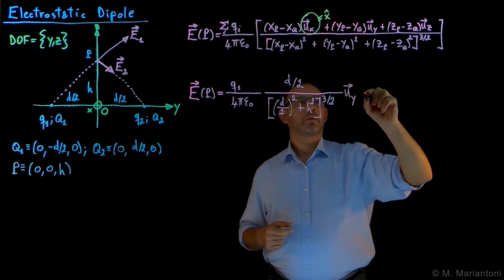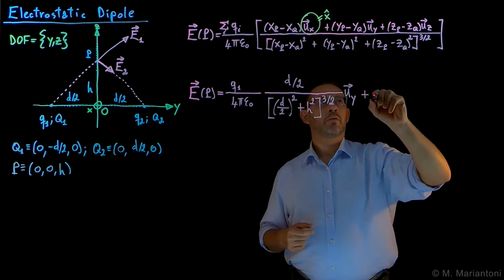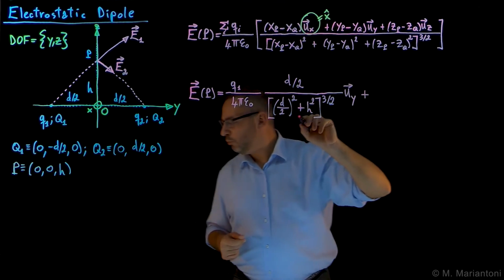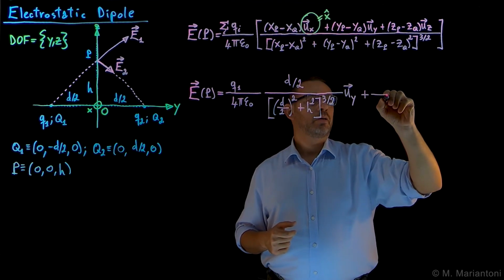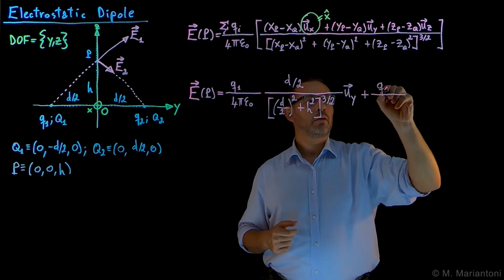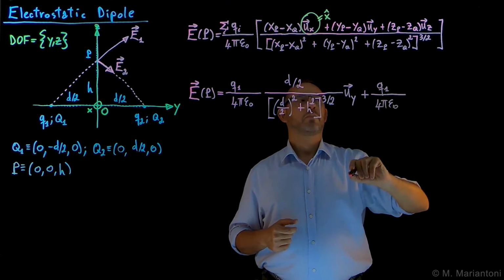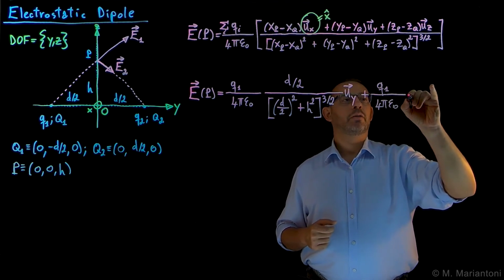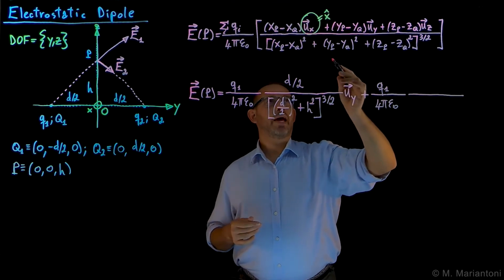In addition, there must also be a contribution from the z direction, which is what we are about to do now. So in the z direction, we have again q1 divided by 4 pi epsilon naught. In this case, however, we have 0 contribution from x.